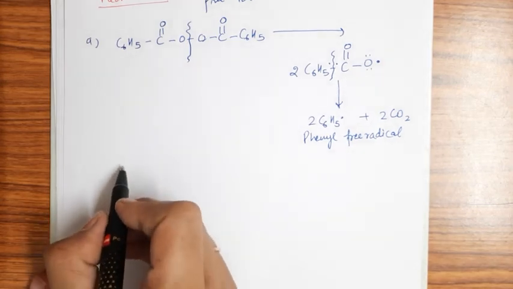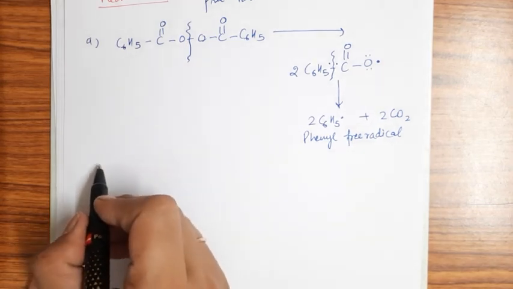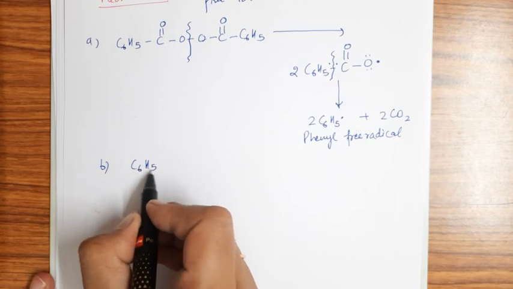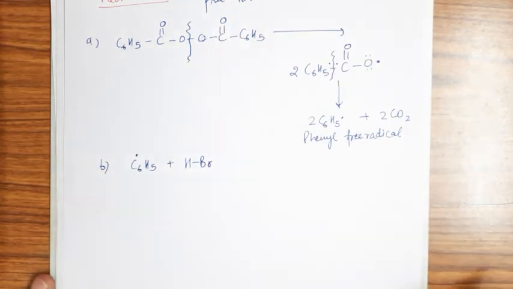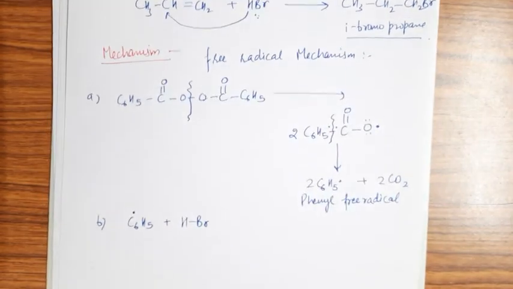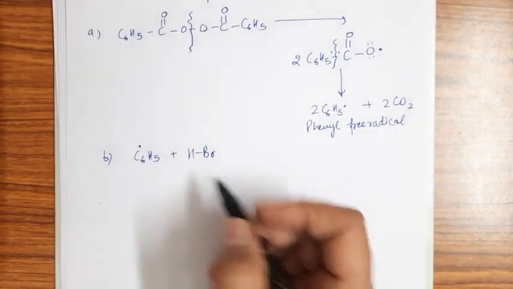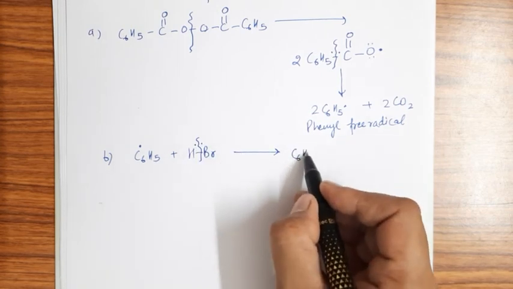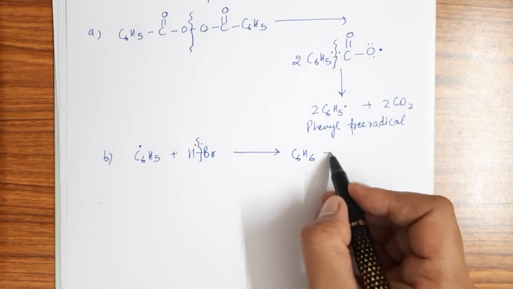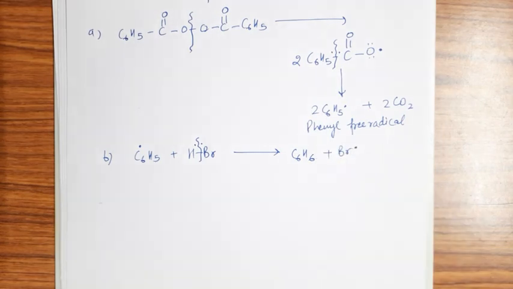Now in the second step, the phenyl free radical reacts with HBr, which is present in the reaction, and it also undergoes homolytic cleavage. C6H6 benzene is formed and a bromine free radical is formed, right?